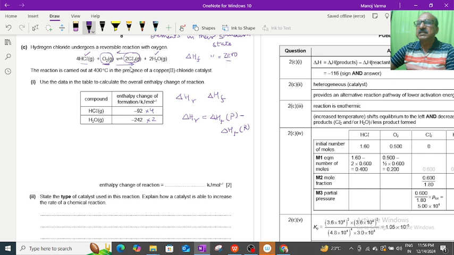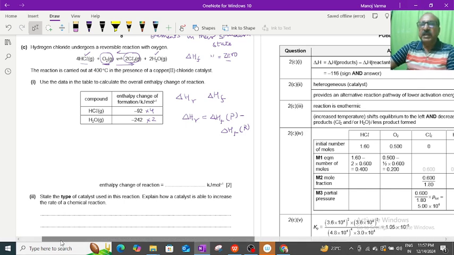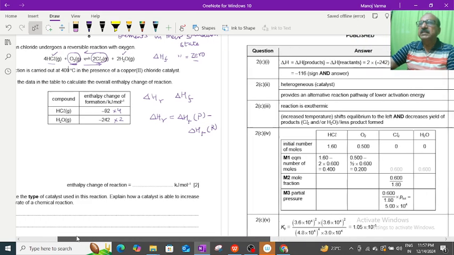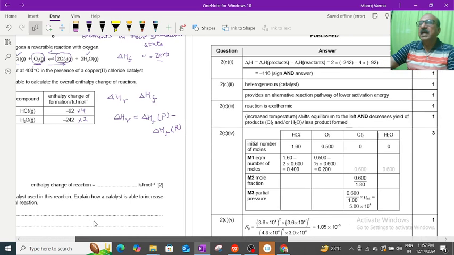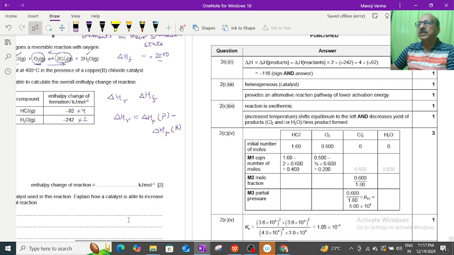So let's see what the answer says. We'll just go to the answer right now. It says that it shifts the equilibrium to the left and decreases the yield of the products, chlorine and water.